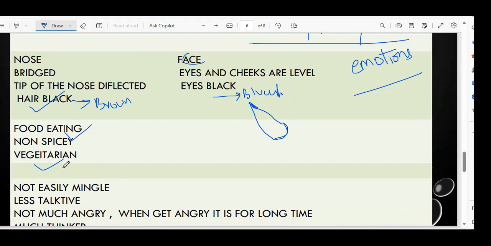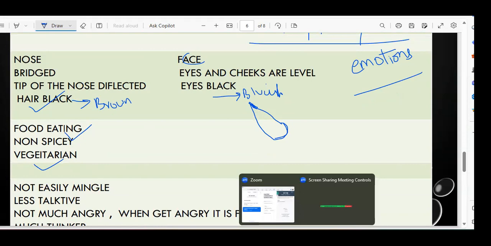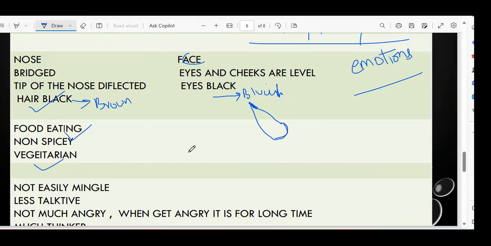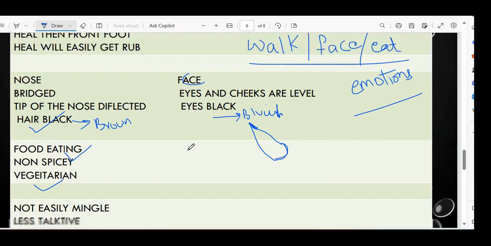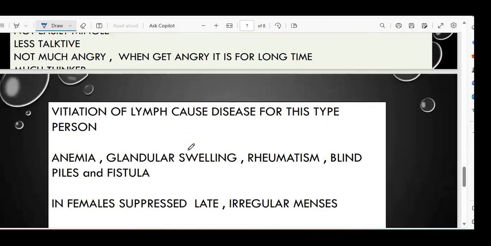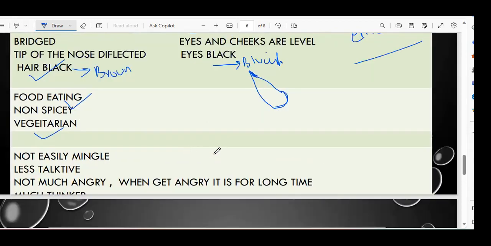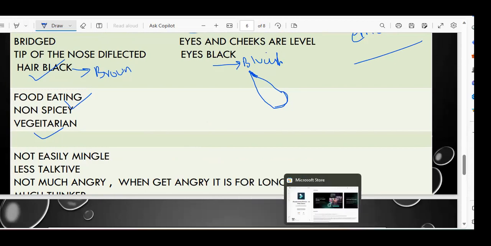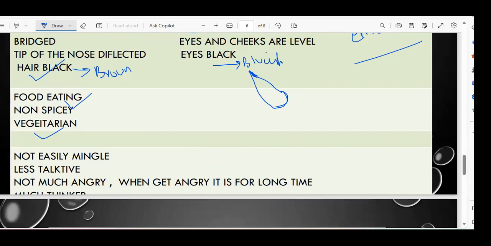So these are the things you have to ask the patient, or you can tell the patient: you are non-veg, and you don't like to eat spicy food. Next, emotions are also very, very important. Let's see the emotions.